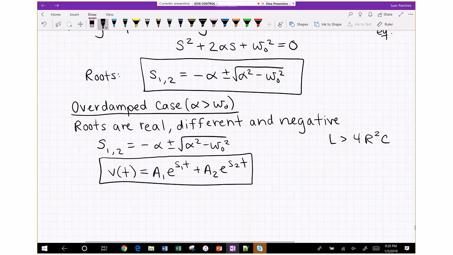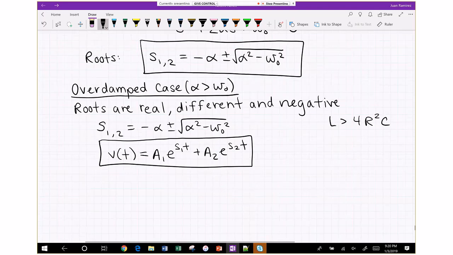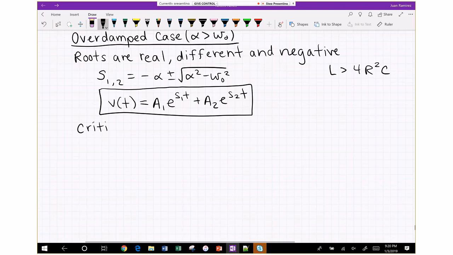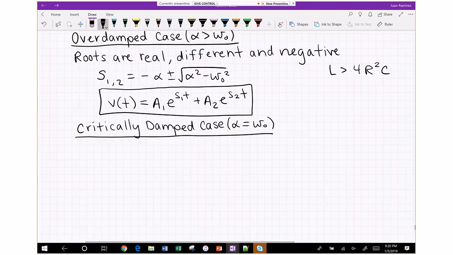Now let's take a look at the critically damped case. Which occurs when the damping factor is equal to the natural frequency. And in this case, the roots are real, identical, and negative.